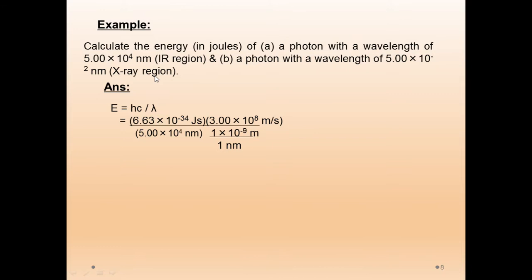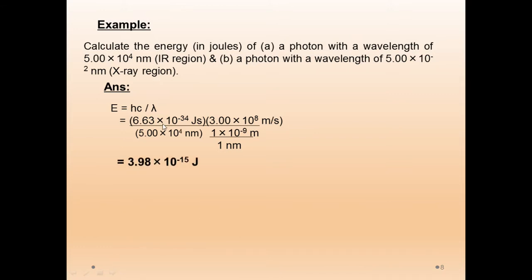When you substitute lambda, as we know, it is over here in nanometers. Why do we change it? Because over here it is meter. We don't want it in a nano scale, therefore we rearrange it in the form of meters. So we want to standardize the unit.